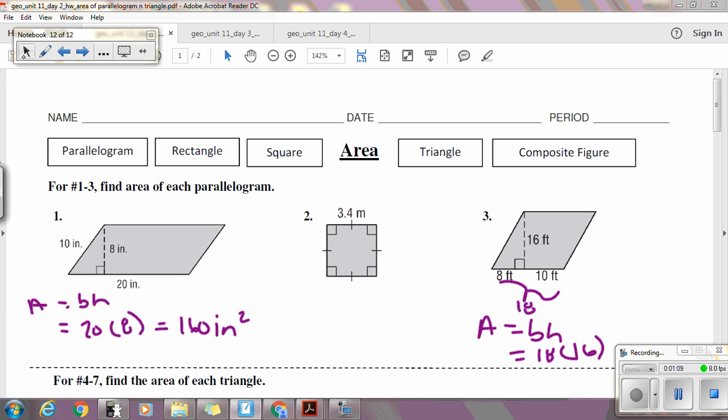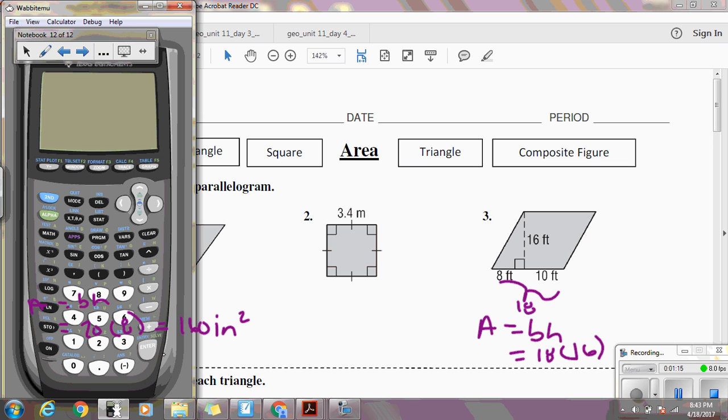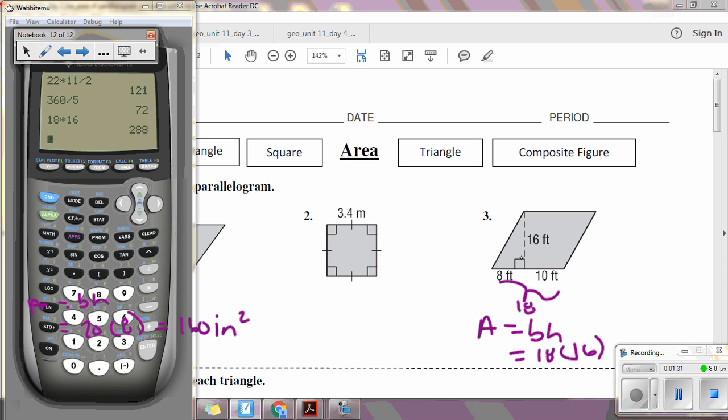So we grab our handy dandy calculator to multiply that. 288 feet squared.